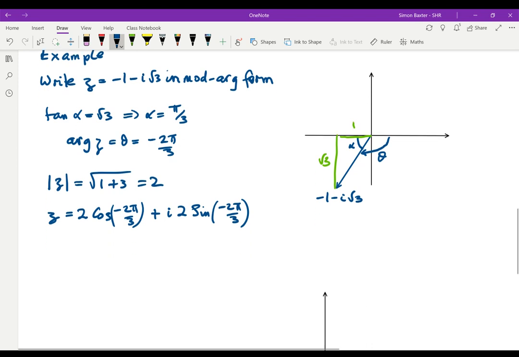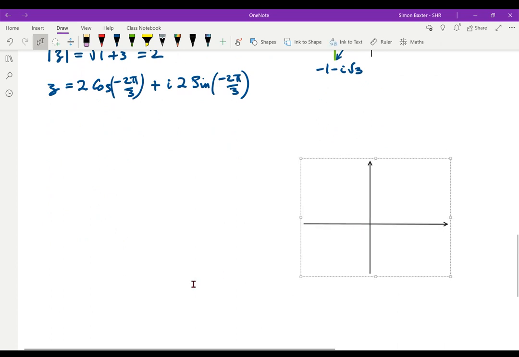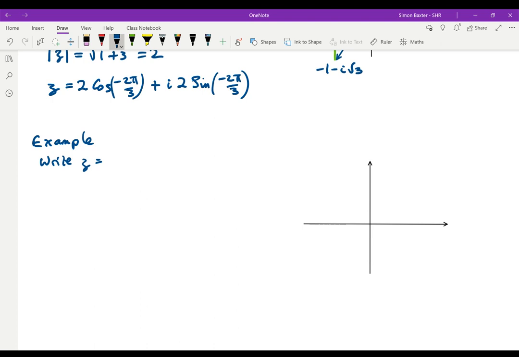Okay, another example. Let's move this across a little bit. Right, z equals 5 cos 5 pi by 6 plus i 5 sine 5 pi by 6, in Cartesian form.